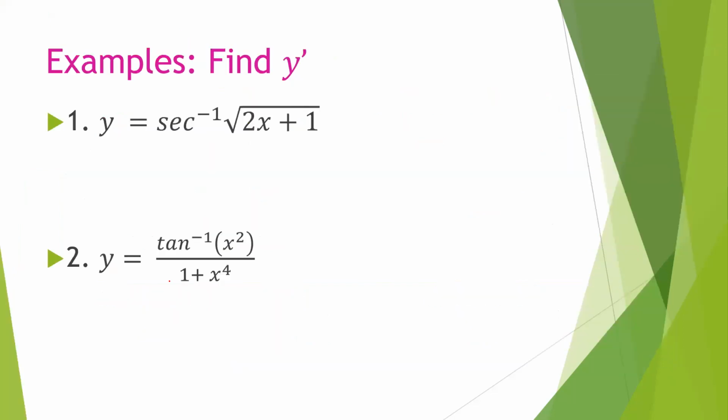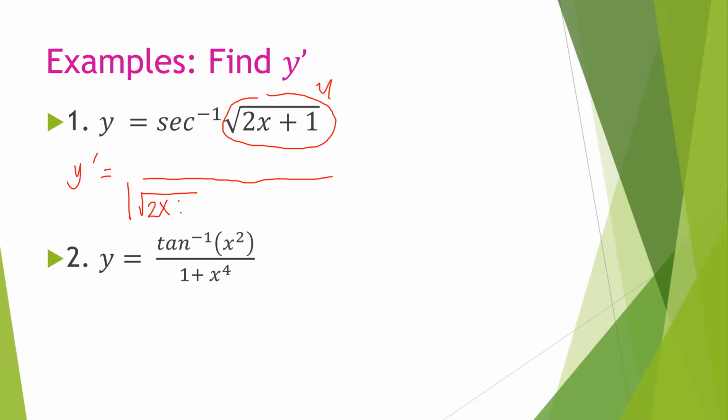Let's consider our y prime in number 1. So, arcsecant, what was our formula? Considering this is our u, let's recall the formula first. Our y prime for arcsecant has a denominator with the absolute value of u, the absolute value of 2x plus 1, which is actually not necessary anymore, because with the square root we are taking the principal root.